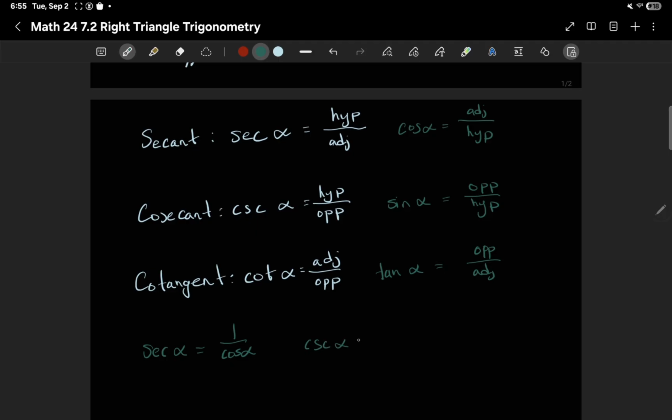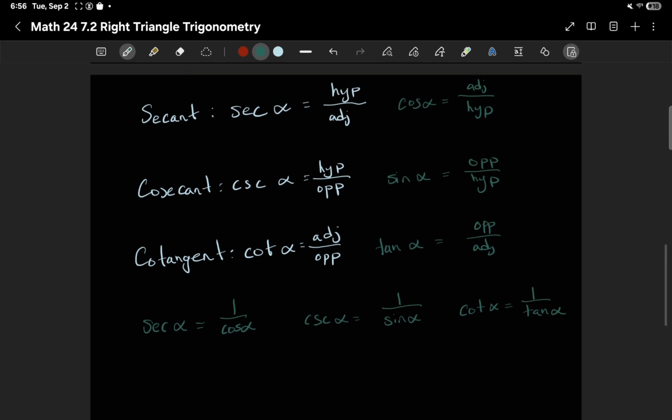Cosecant of alpha is equal to 1 over sine of alpha. And cotangent of alpha is just equal to 1 over tangent of alpha. For me, it's a little easier just to remember to flip the proportions, and you have the other three trigonometric functions.